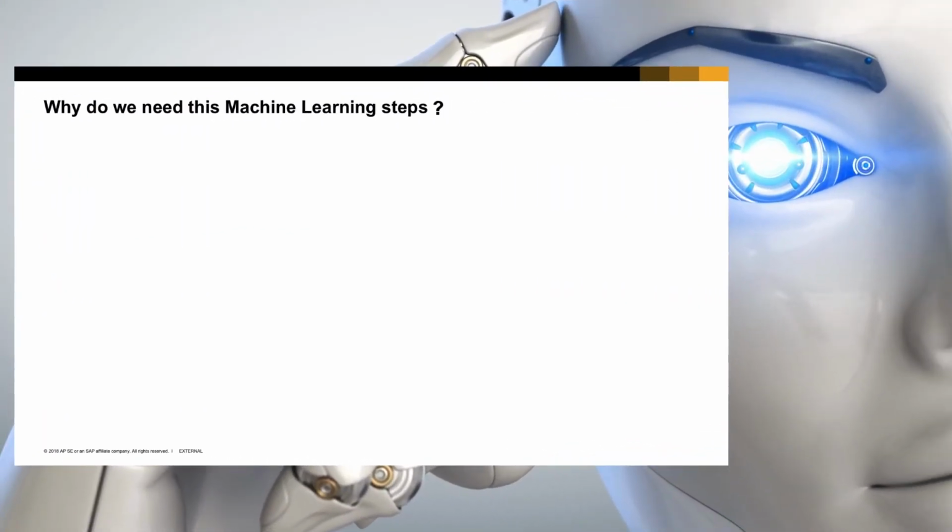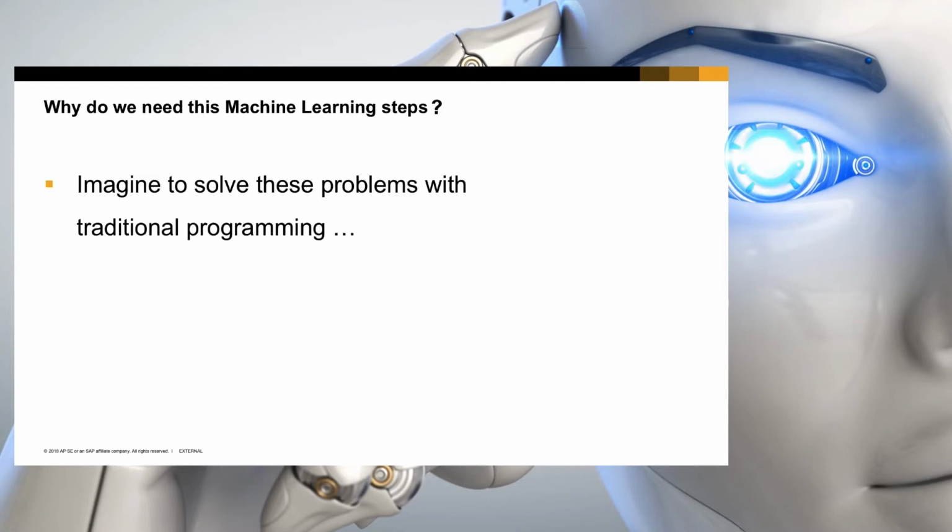But why are we doing this? Why do we need these 8 steps? Imagine you want to try to solve this problem with classical programming. Maybe you would have started to create some code to detect the facial features. Even if you manage to do so in a reasonable time, which is most unlikely, you would have to start over with a new problem to recognize a facial expression.